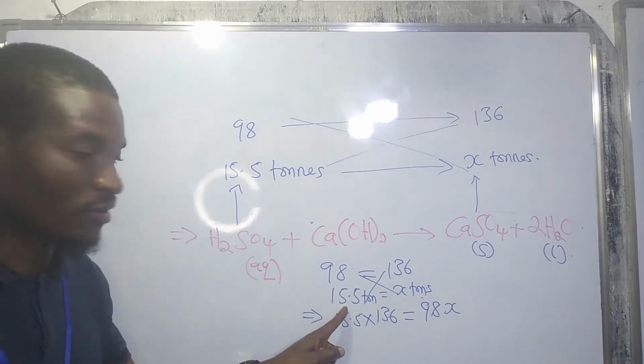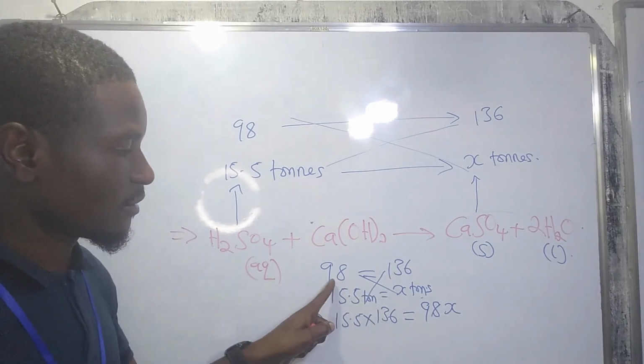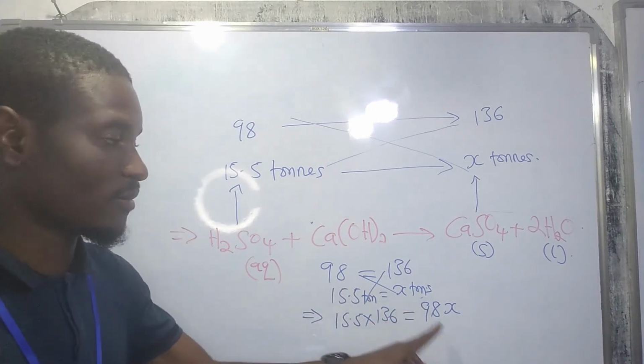So 15.5 multiplied by that, then this multiplied by that, you get that.